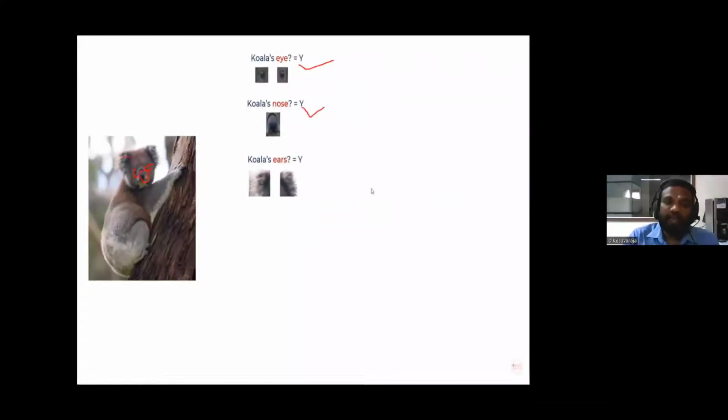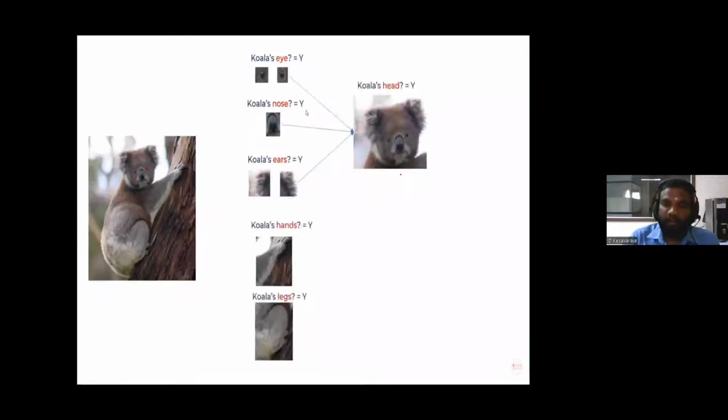It can map the ears, whether they're cola's ears or not. Yes. Now, it can map the hand, whether it's cola's hand or not. It can map the leg, whether it's cola's leg or not.